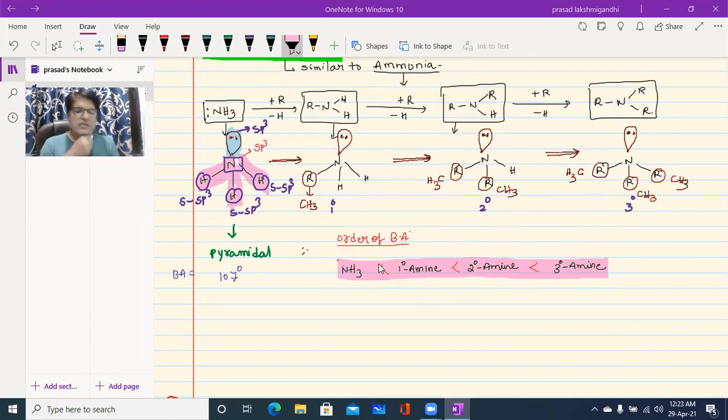If the steric hindrance increases, obviously the bond angle also increases. From 107, how much does it increase? Approximately 107 to 108. Clear? So this is the structure of ammonia.